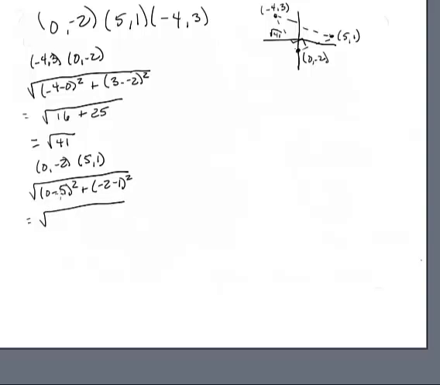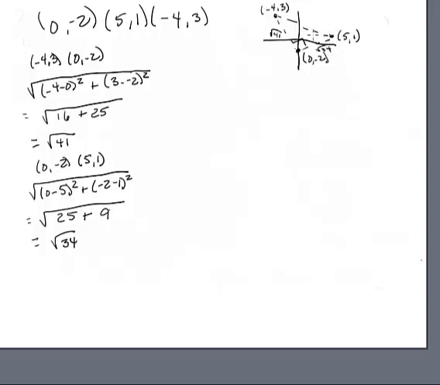Alright, so 0 minus 5 is negative 5, and I square that, and I get 25. And this is negative 3 squared is 9, so I get square root of 34. Okay, so this distance right here is square root of 34.